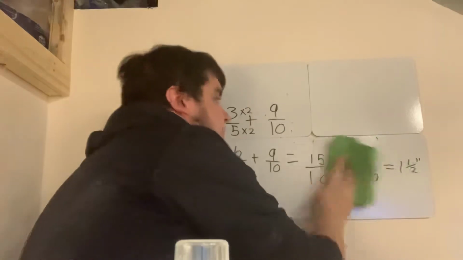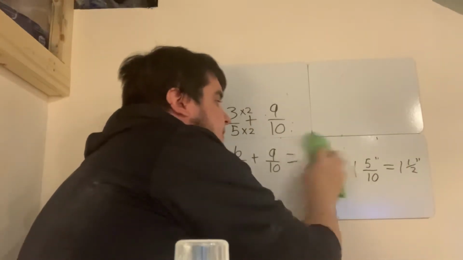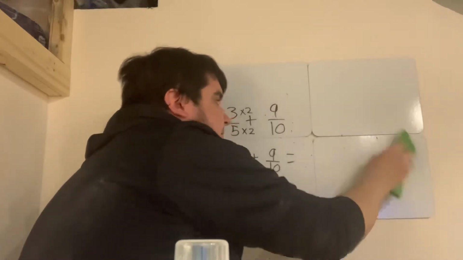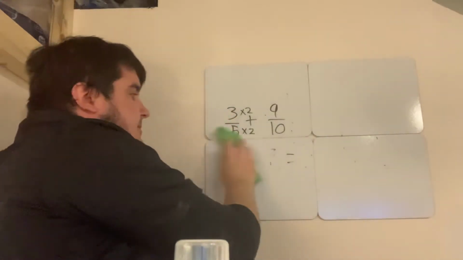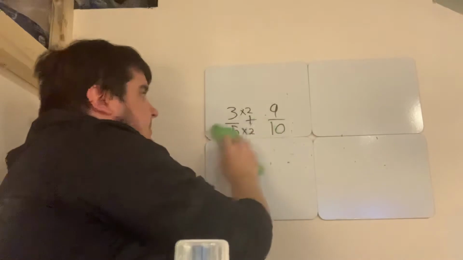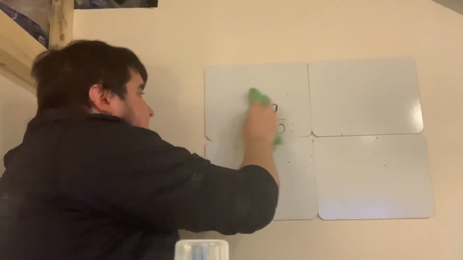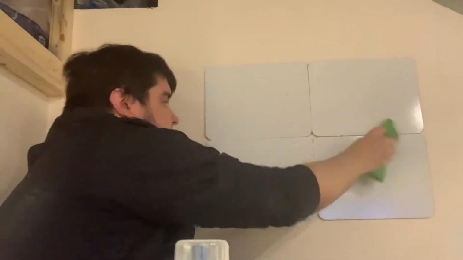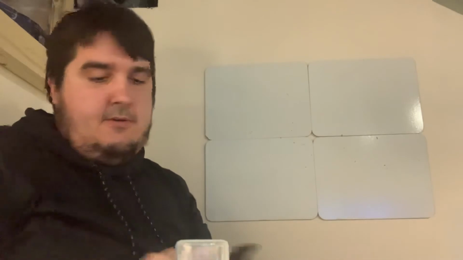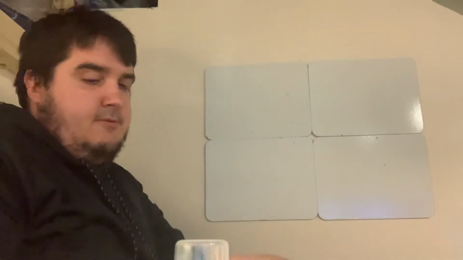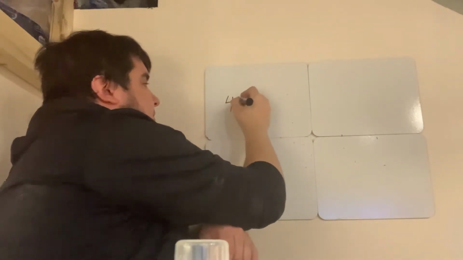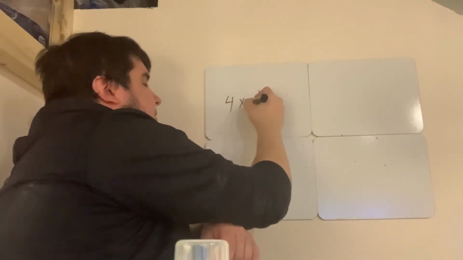So what I want to do now is look at multiplying some of the fractions here. So when we're multiplying the fractions, we're going to go 4 times 1/5, right?